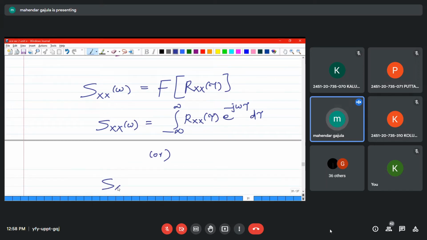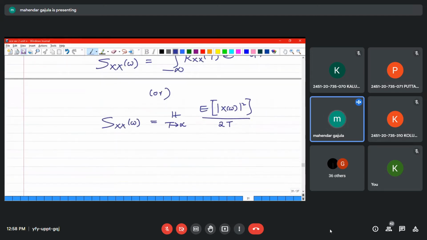S XX omega is equal to limit T tends to infinity of expectation of mod X omega squared by 2T. This is also power spectral density. And I want to know the average power.